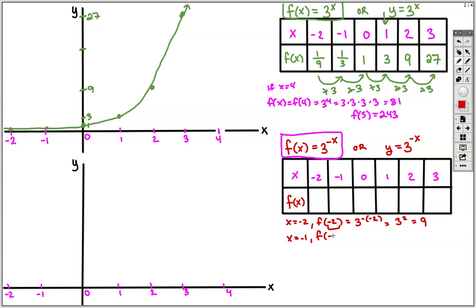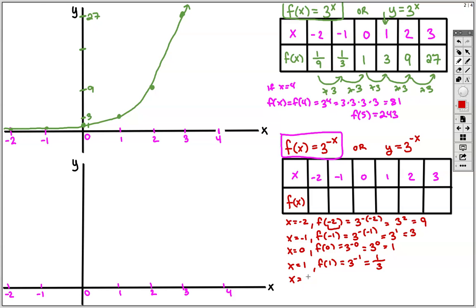We have f of -1, and that's 3 to the -(-1), which is the same as 3 to the first, which is 3. When x equals 0, we have f of 0, and that's 3 to the negative 0 power. Well, that's just the same as 3 to the 0, and anything raised to the 0 is 1. When x is 1, we have f of 1, and that's 3 to the negative 1, and that's the same as 1 over 3, 1/3.